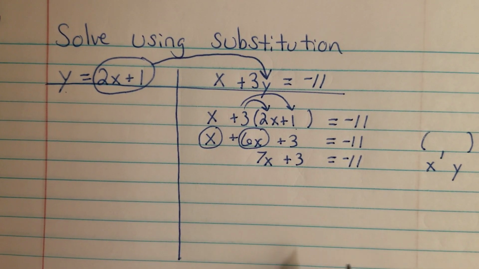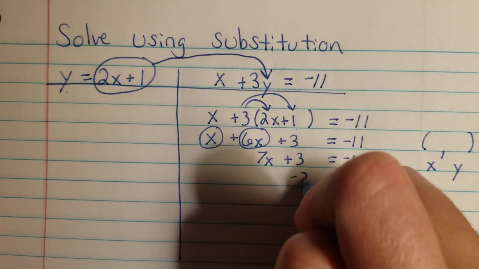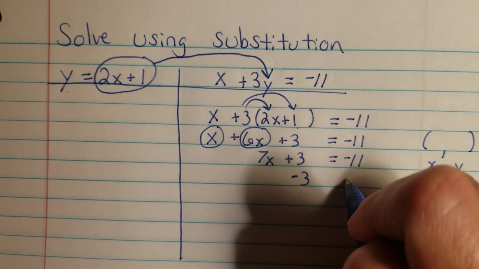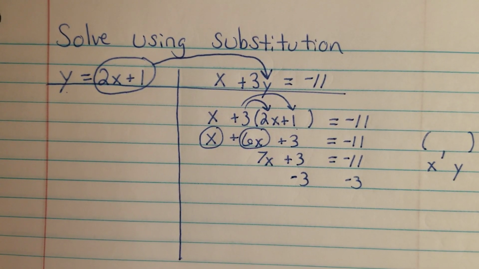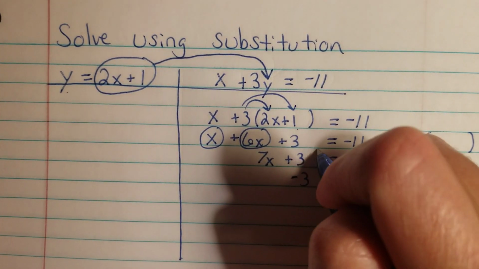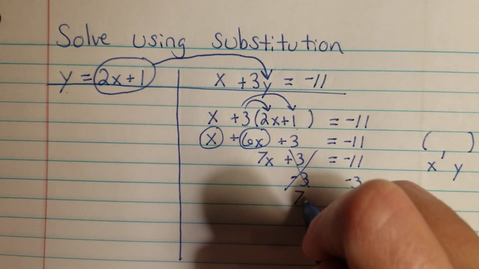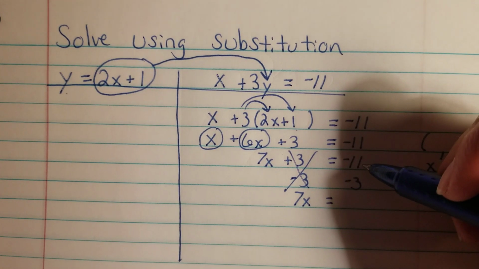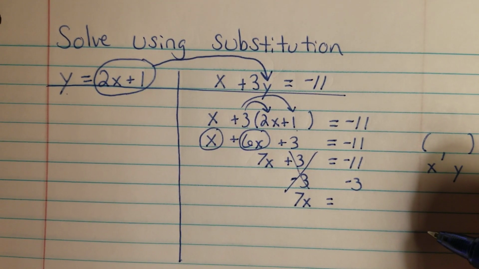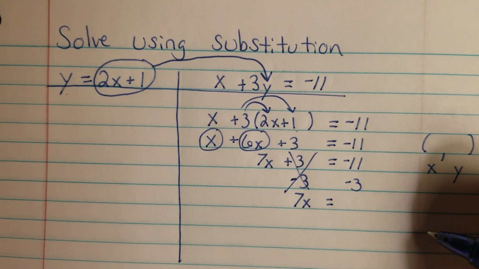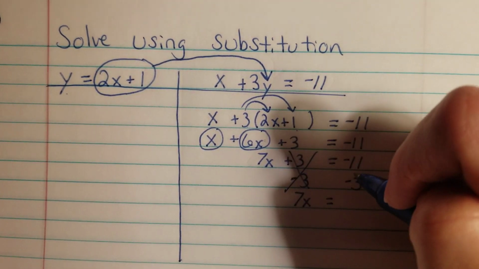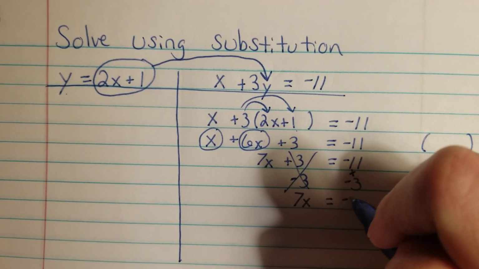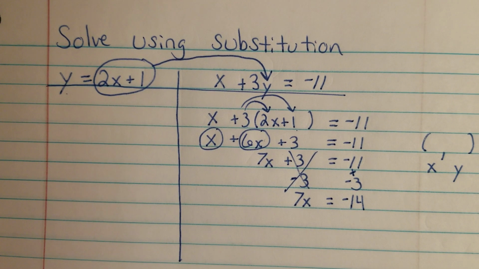So 3 is being added, so I'm going to undo that by subtracting 3 from both sides. These opposites cancel each other out, leaving me with 7x on the left-hand side. This is a negative 11 plus a negative 3. Negative 11 and negative 3 combined gives you negative 14.